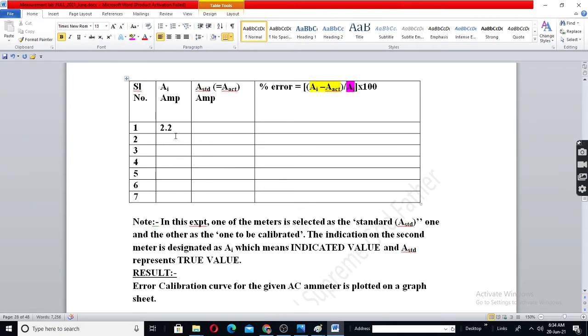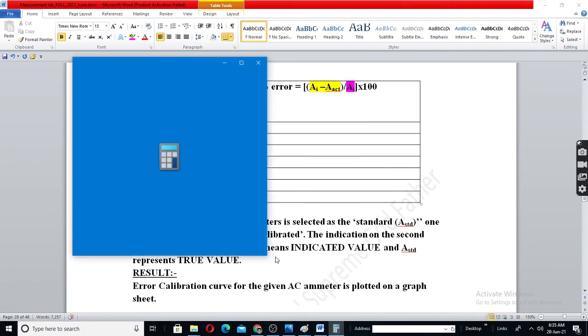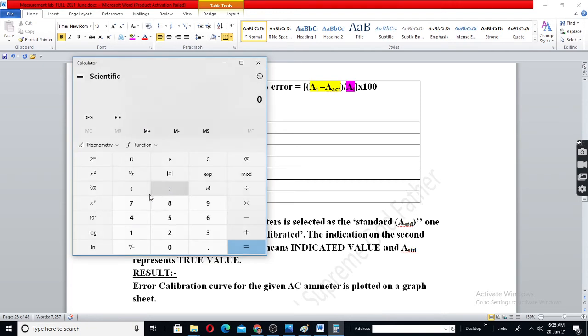So if the standard is 2.3, you get A_I minus A_standard: 2.2 minus 2.3.